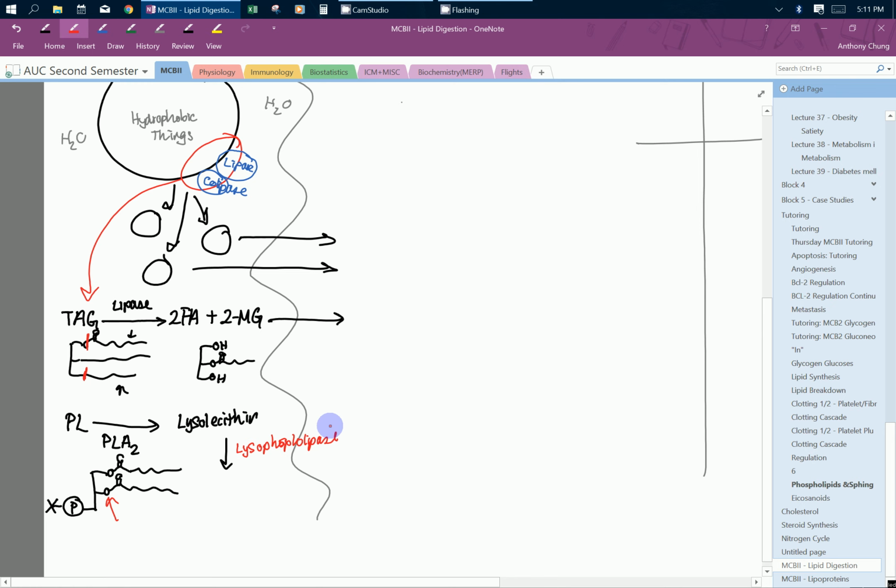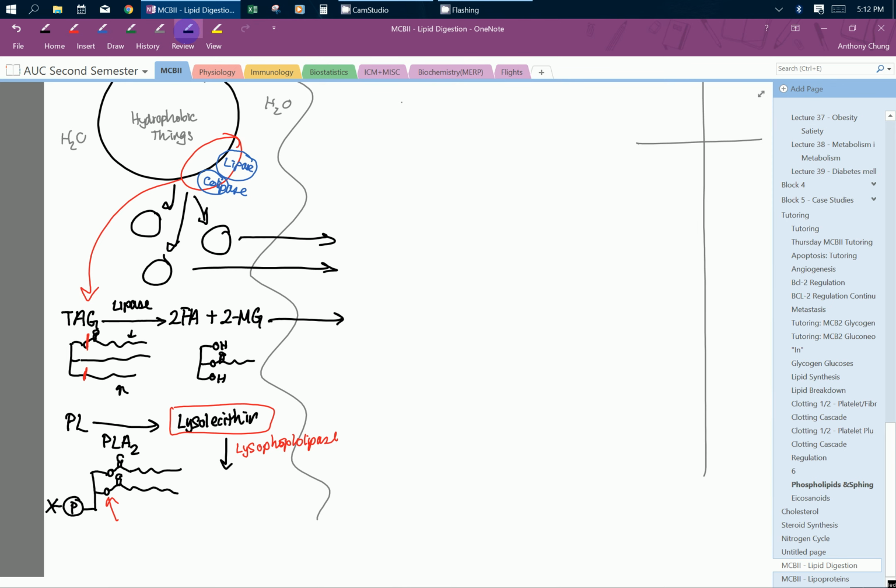I thought, I'm pretty sure it was the phospholipase A first, and then the lysophospholipase, because this one is technically considered lysolecithin, so it would make sense that the lysophospholipase would come and cleave that one. Does that make any sense? Yeah.